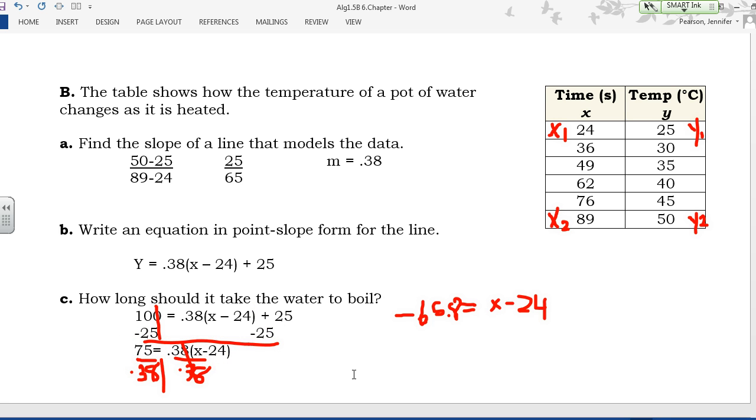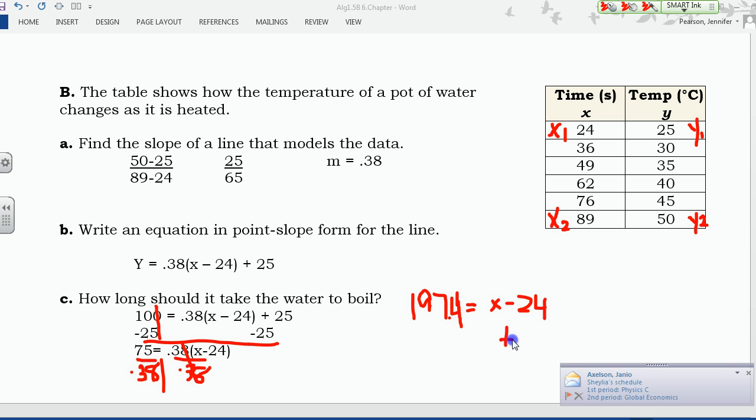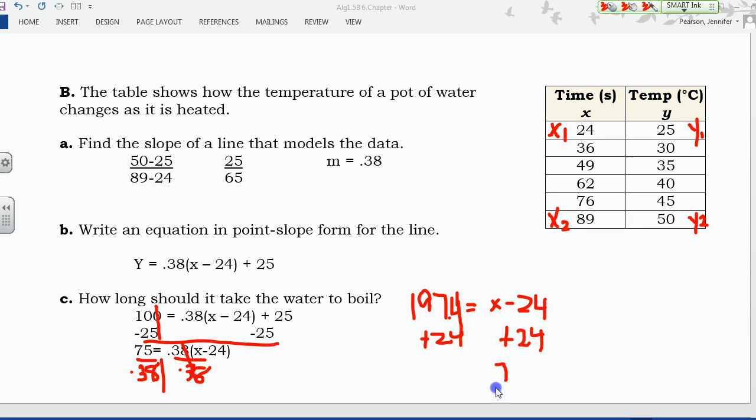So 75 divided by 0.38 is 197.4. And now when we add 24 to each side, we get 221.4. It'll take 221.4 seconds for the water to boil.